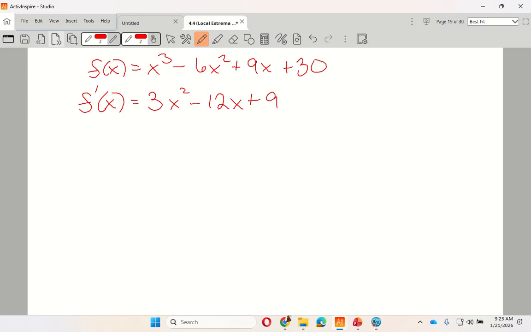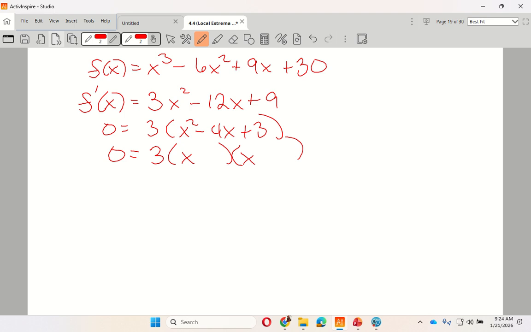So 0 equals 3 quantity x squared minus 4x plus 3, which factors as 3 quantity x minus 1 times x minus 3.